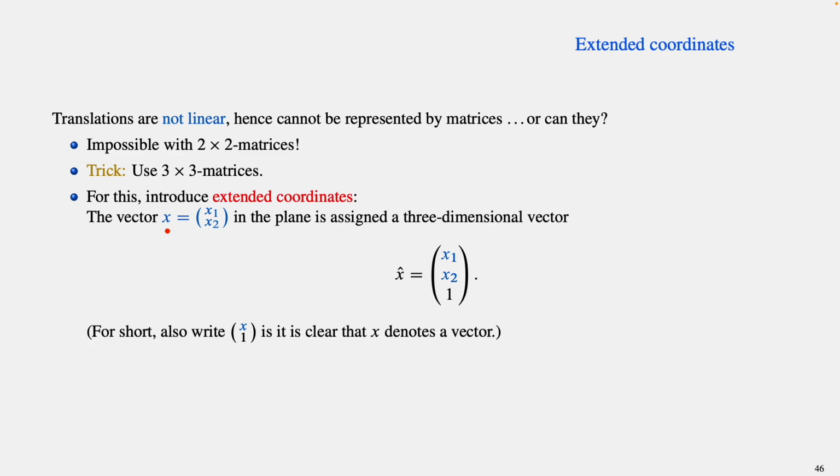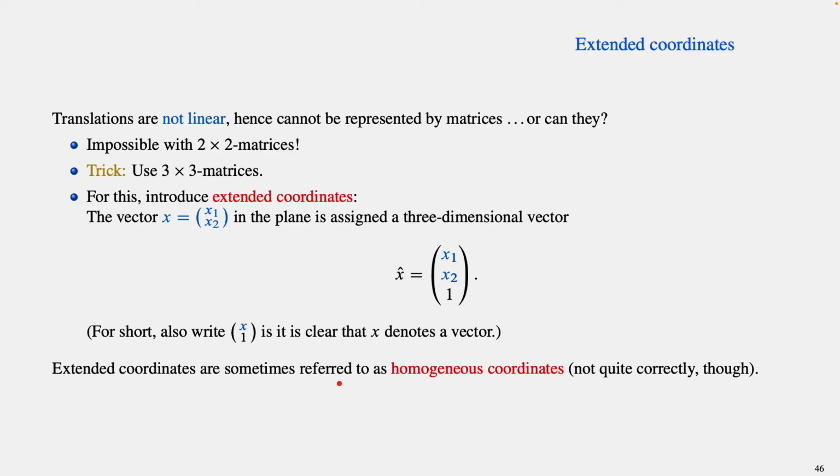So if our vector x in the plane has coordinates x1, x2, then we can assign to it a three-dimensional vector, which we call x hat, which contains its 2D coordinates, x1, x2, and for the third coordinate we simply write a 1. And I will also use the somewhat compressed notation that I simply write x over 1, where x denotes the full vector here, so I won't always write out all the coordinates explicitly.